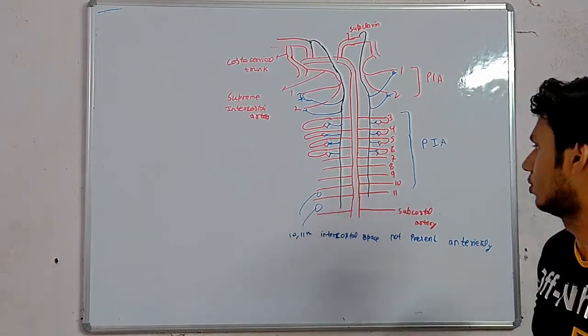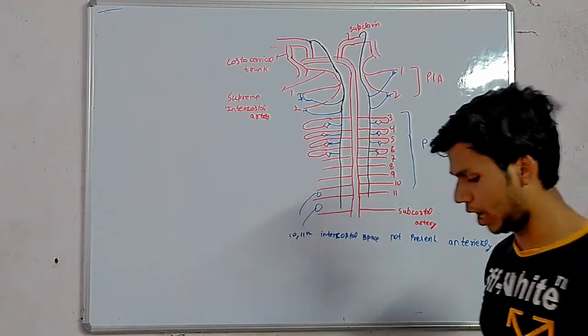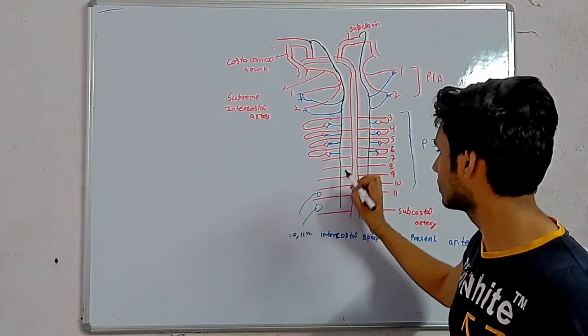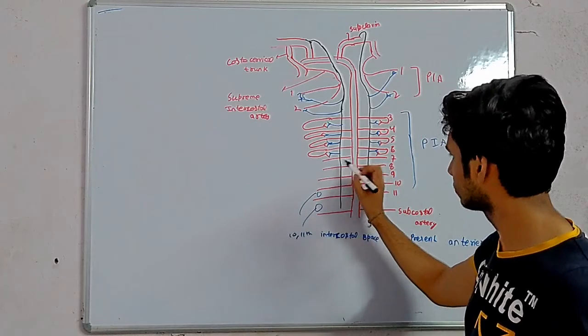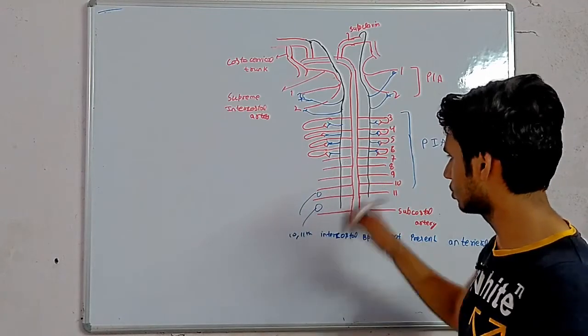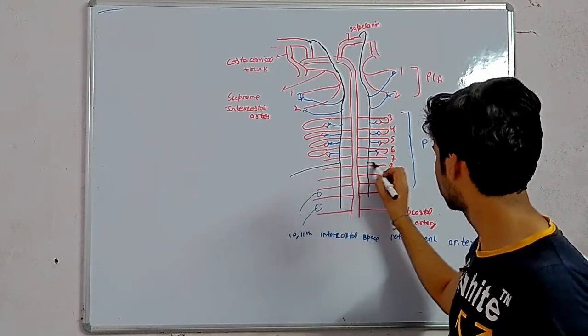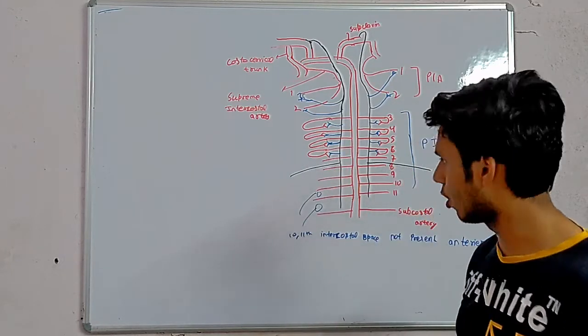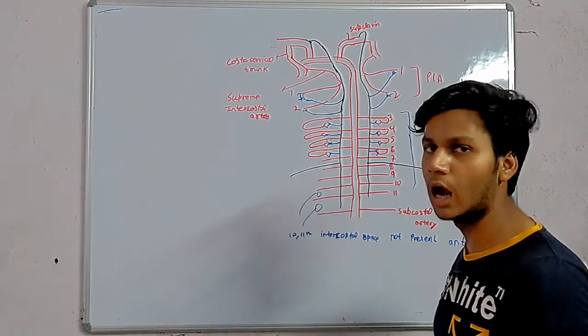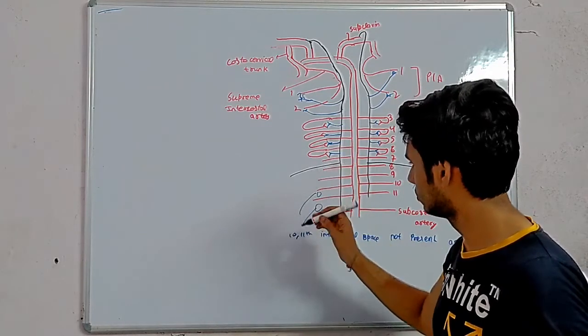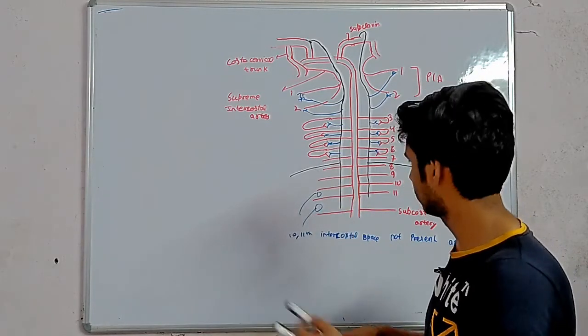Now here the branch of the internal thoracic artery is called the musculophrenic artery, on both sides. The musculophrenic artery anastomoses with other arteries like this.